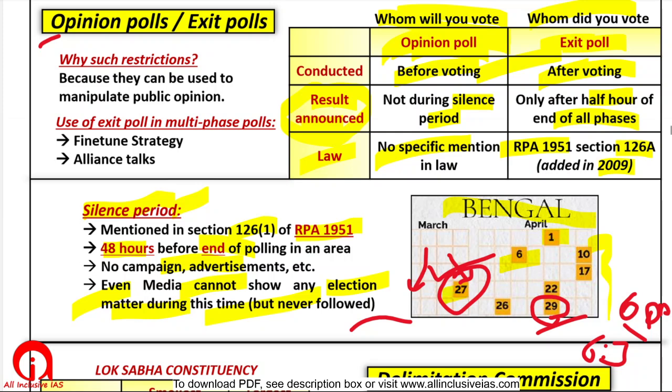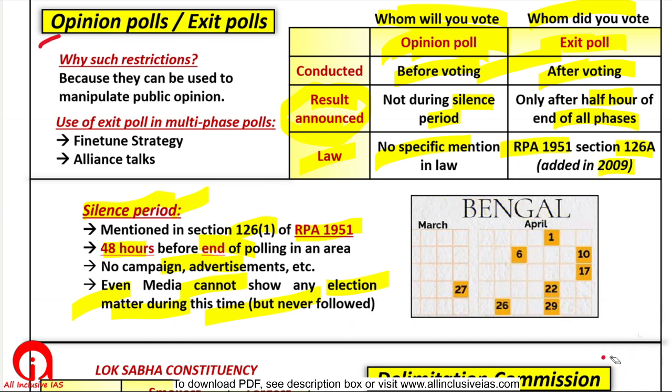Now, what is silence period in a multi-phase poll? This question can come. See, on 27th, polling is from, let us say, 7 a.m. to 6 p.m. Now, what is the silence period? In the areas which are going to poll on this date, the silence period would be 48 hours before the end of polling. So counting back from 27th, to 26th, then 25th.